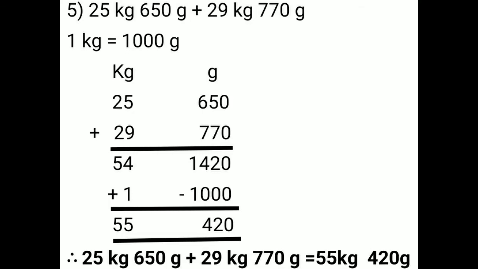So as per usual, we will subtract that excess 1000 grams from 1420 and add it as 1 kg to 54, which will give us the answer 55 kg 420 gram.